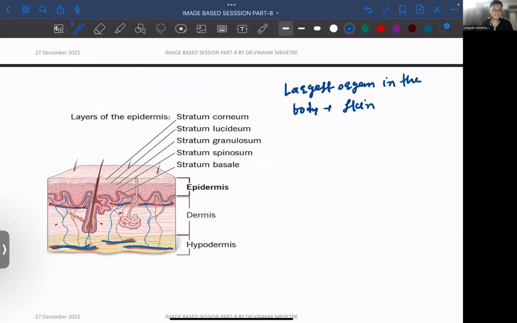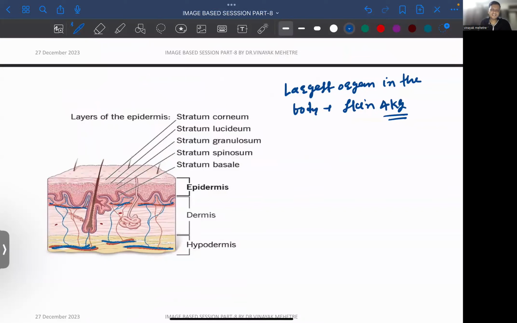That is 4 kg, right? 4 kg. Now tell me, how many layers do we have in skin? Yes, it is epidermis, dermis, and hypodermis.